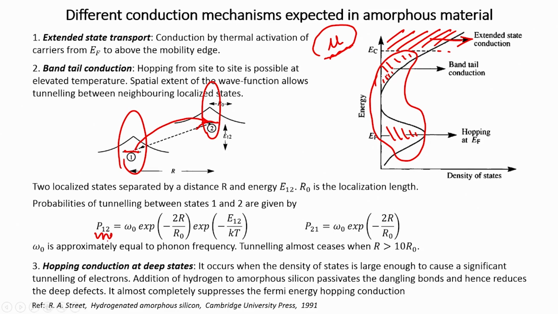This probability depends upon the distance between these states as well as the energy differences between them, and it depends as the exponential of the negative of the distance and the exponential of the negative of the energy. This implies that if these states are very far apart, or if they have very large energy gaps between them, there is a much smaller probability of the electron actually getting from state 1 to state 2.